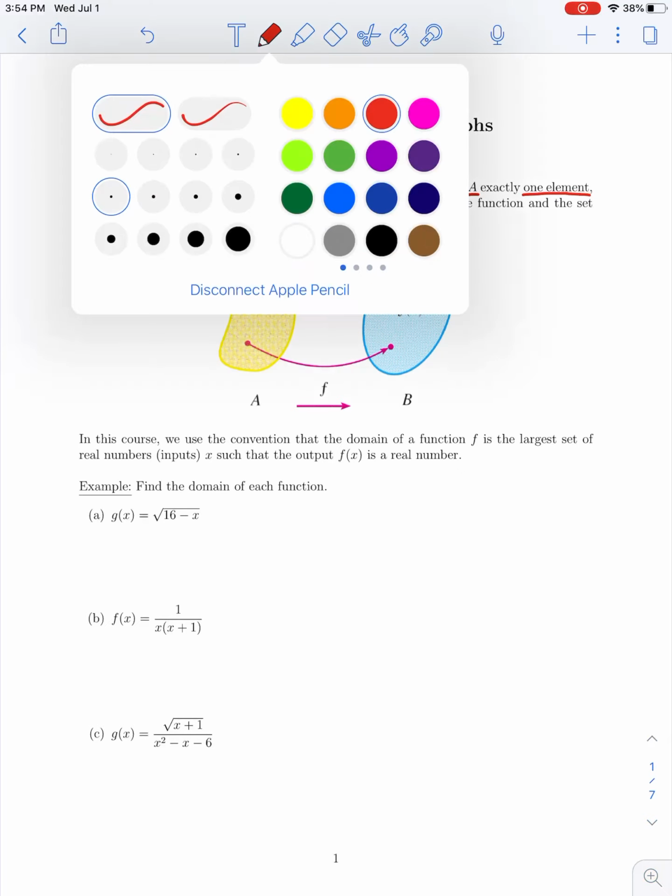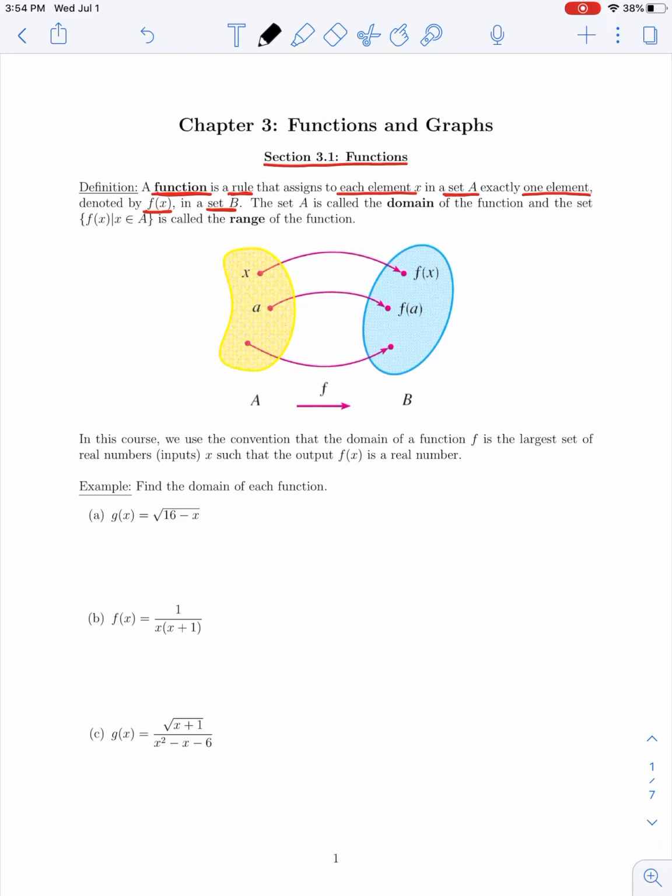So visually, we can think about if we have two sets, let's say sets A and B, for any element in this first set A, a function is some rule, which we will denote as f, which takes the element x and assigns it a unique value, which is denoted as f of x, in this other set B. Now it does this for multiple elements.